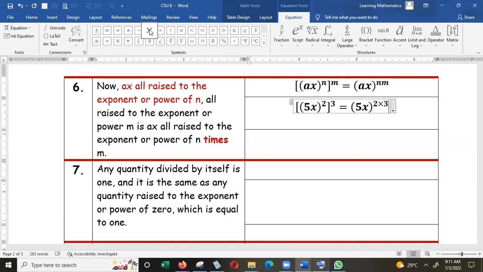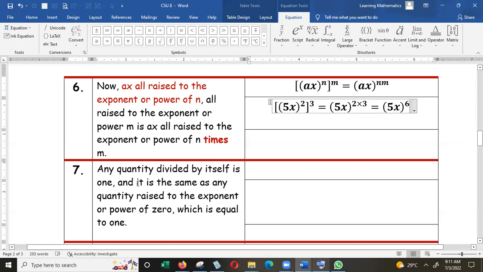And 2 threes are 6. So that will be equal to 5x raised to the power of 6. They call that the powers raised rule.